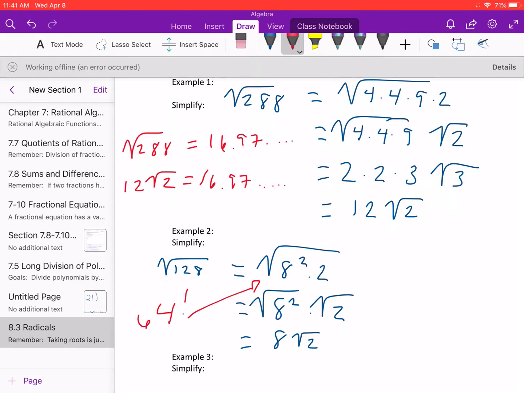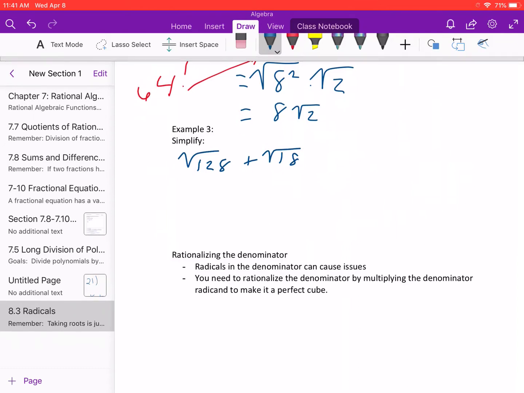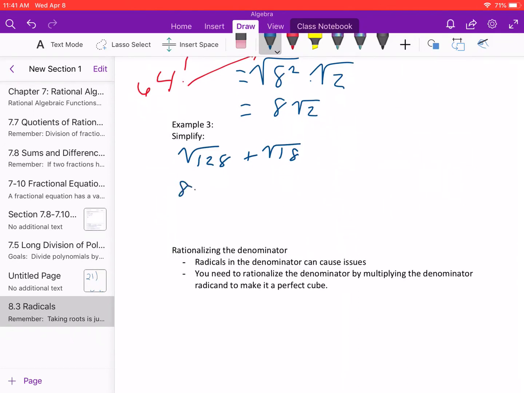Let's do one more simple example before we dive into Algebra 2. Looking at this one, we're going to take the square root of 128 plus the square root of 18. We already figured out that the square root of 128 is equivalent to 8 radical 2.